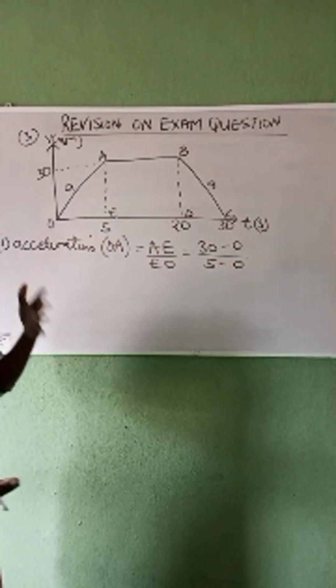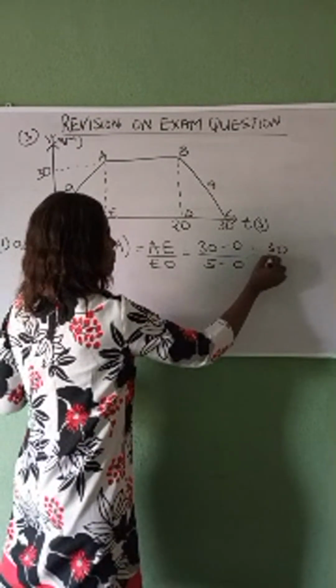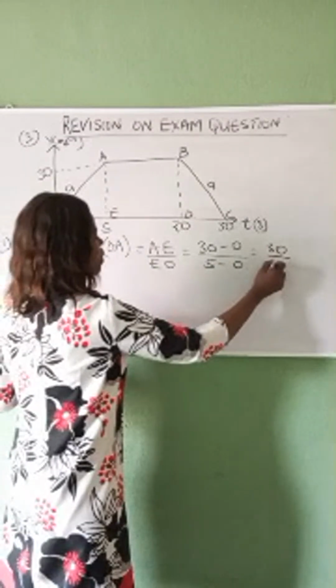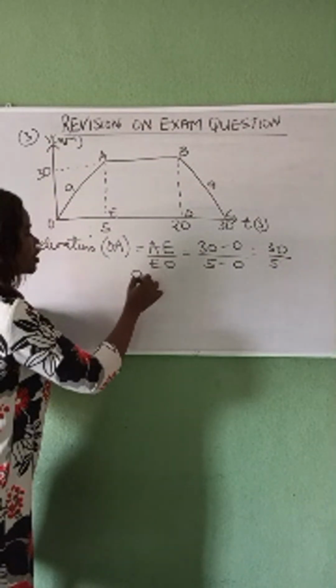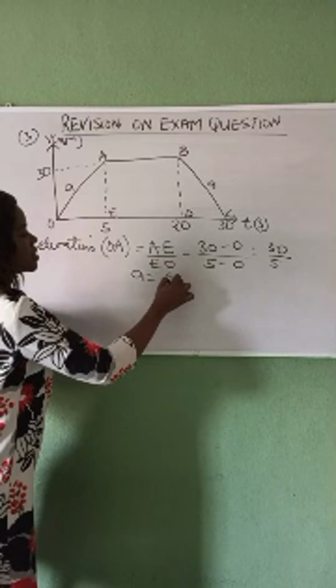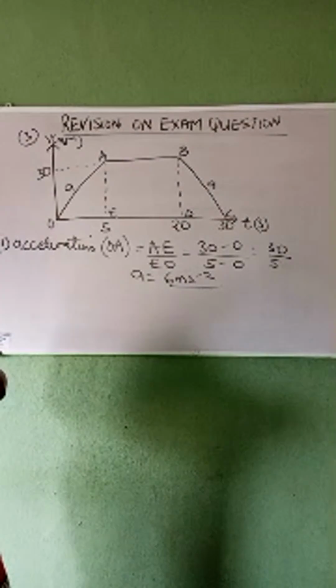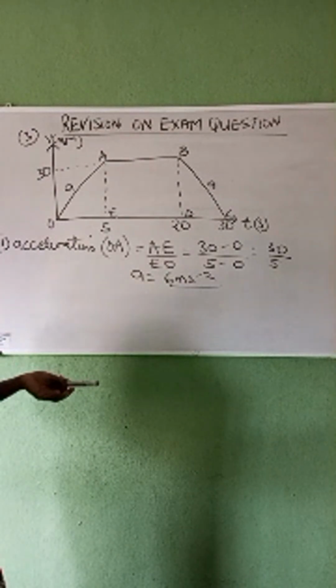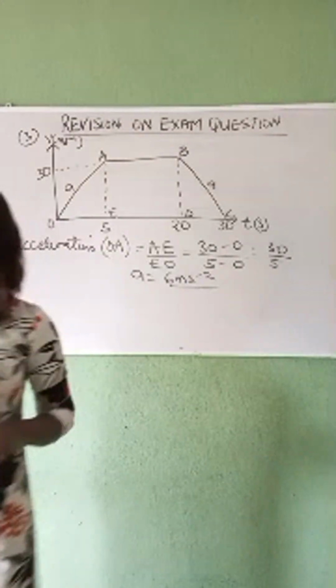Okay, so let's subtract. 30 minus 0 gives us 30. 5 minus 0 is going to give us 5, right? So by the time we divide it, my acceleration becomes 6 meters per second square. Is that clear? I hope you understand. Do we have questions? You can ask your question if you have.